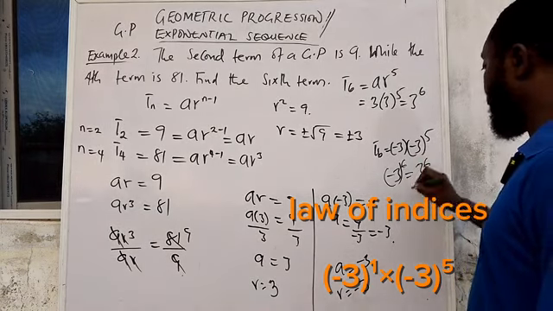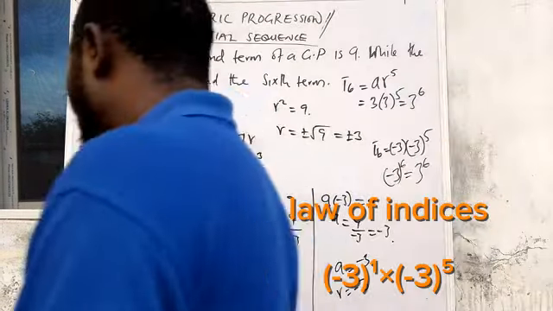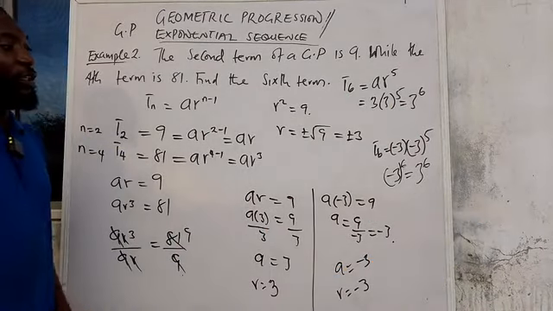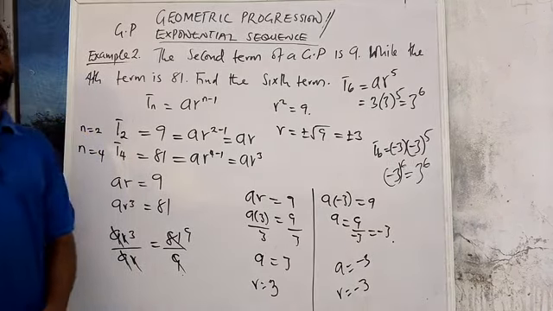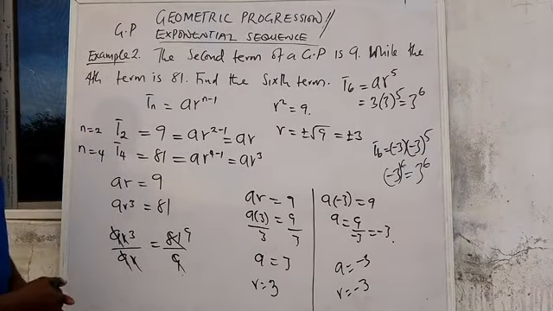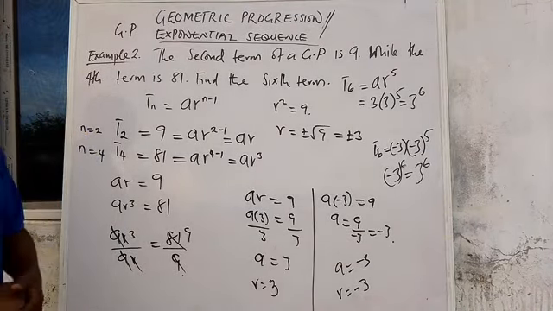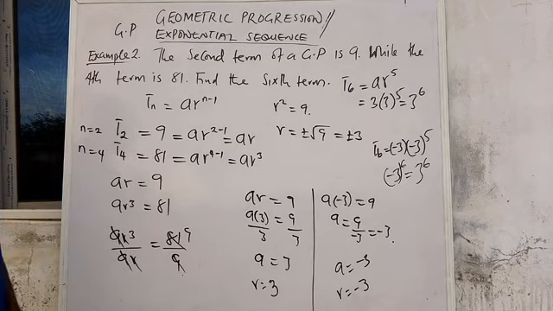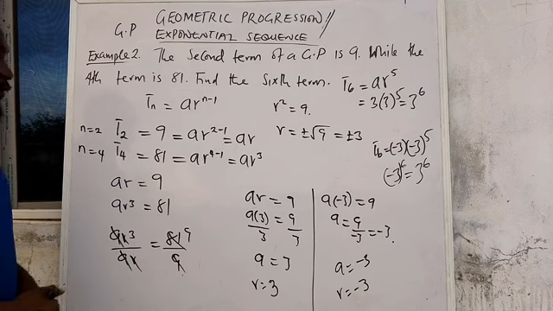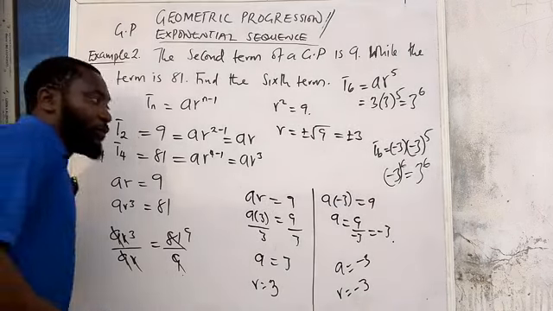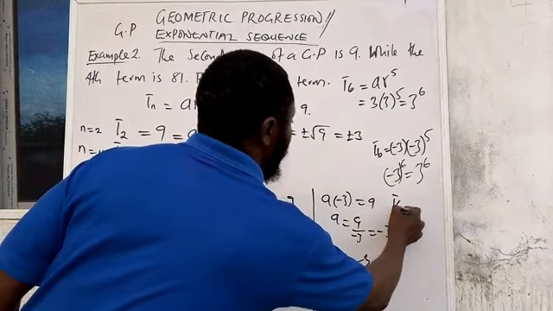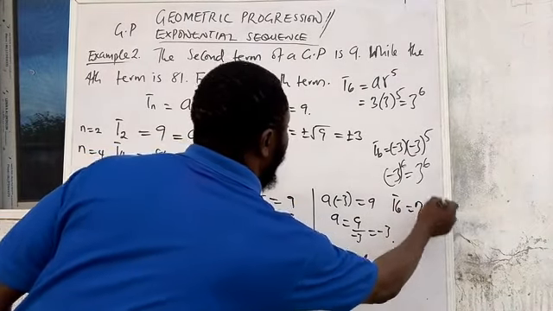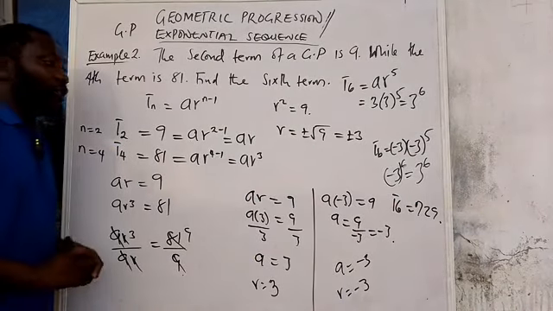So that is still 3^6. So our T6 equals 3^6, and that is 729. So our T6 equals 729. And that is the solution to this question.